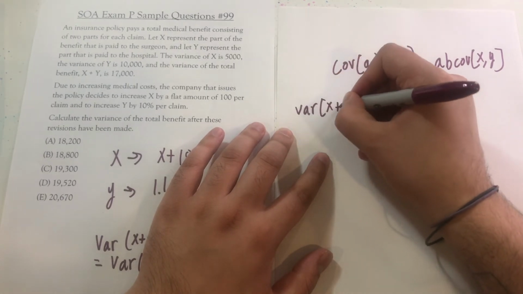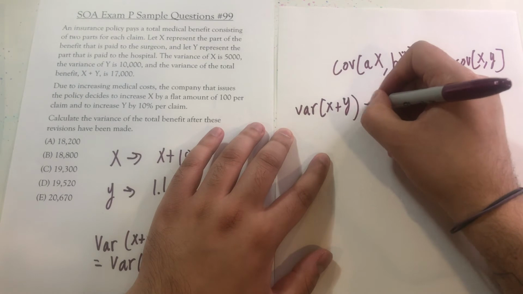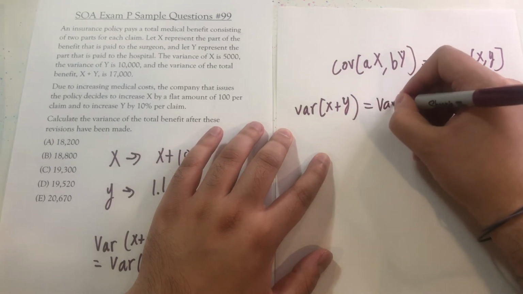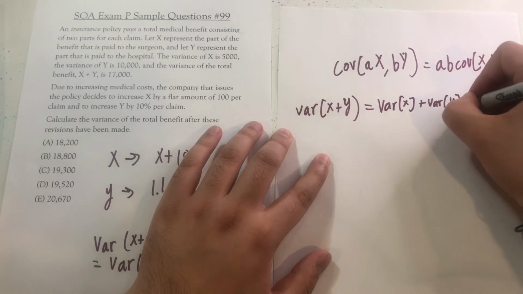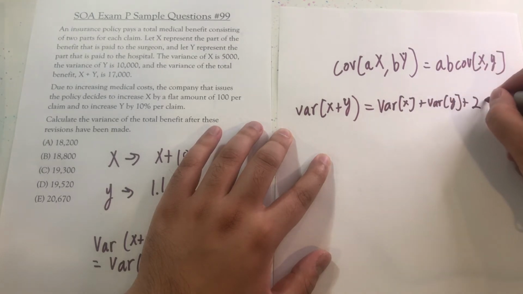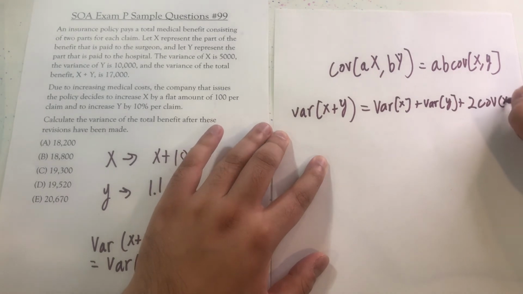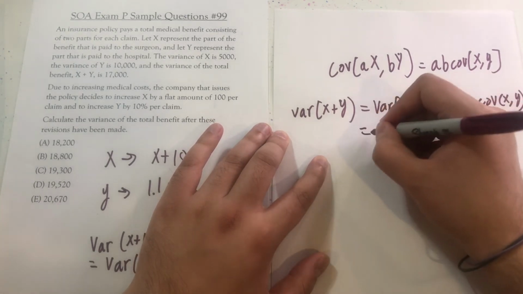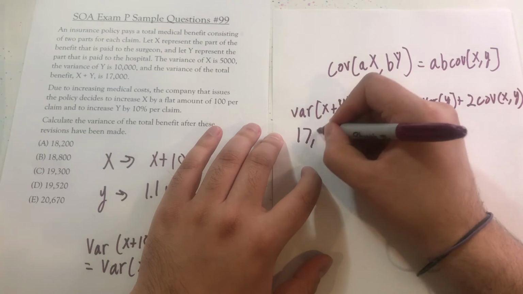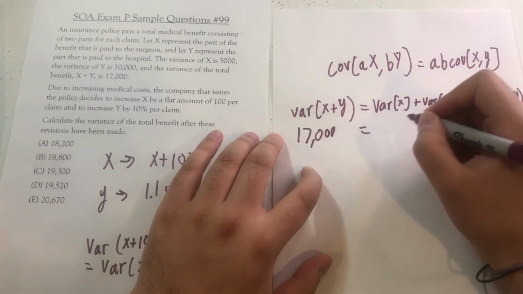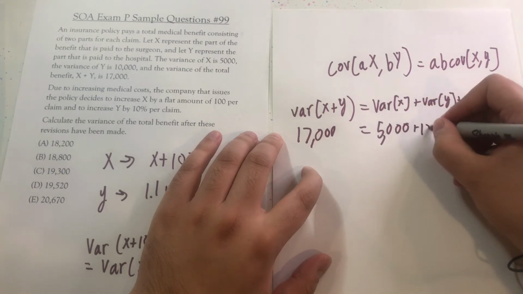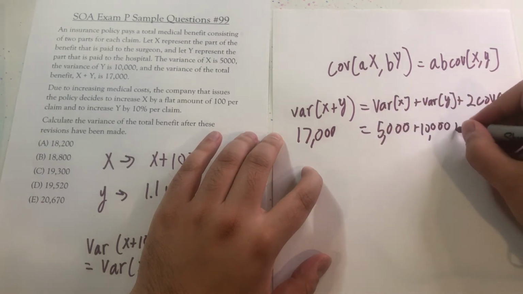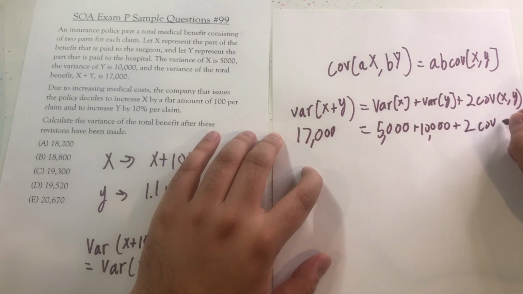Variance of x plus y is equal to the variance of x plus the variance of y plus 2 covariance x comma y. And this is going to be equal to 17,000, which is equal to 5,000 plus 10,000 plus 2 covariance x comma y.